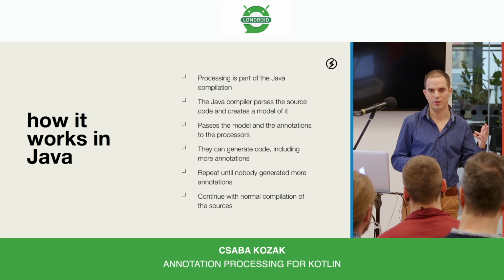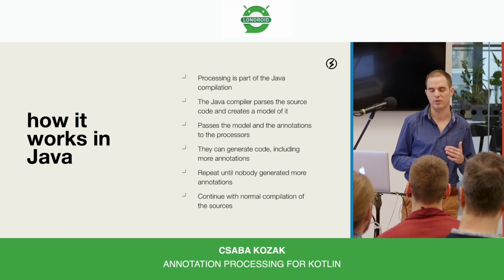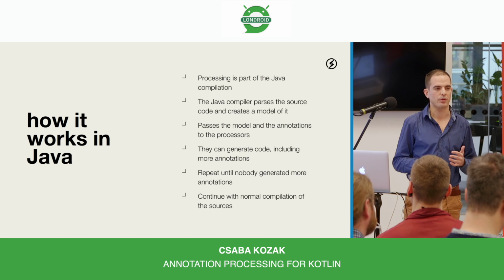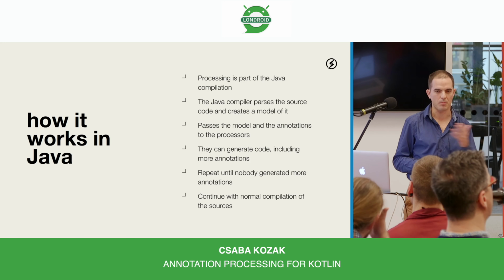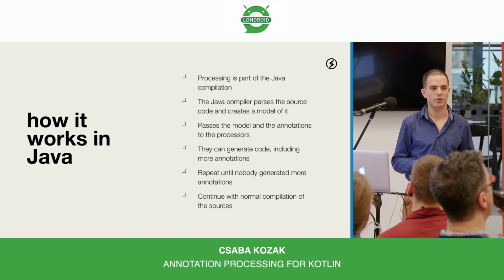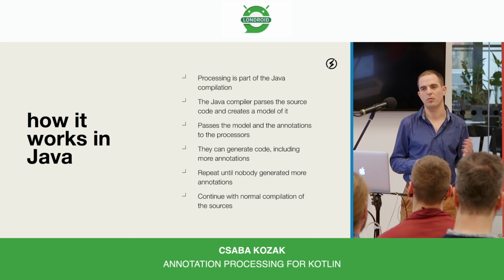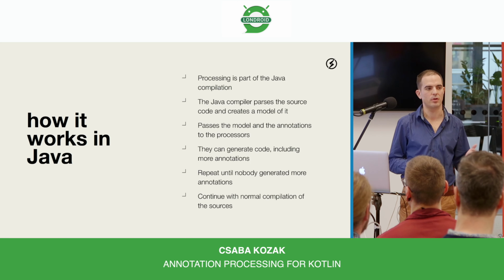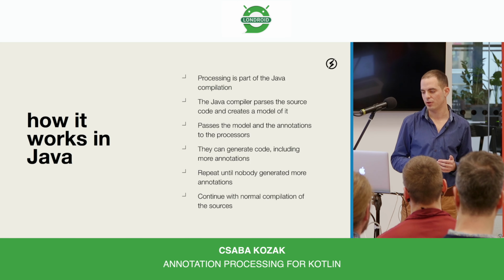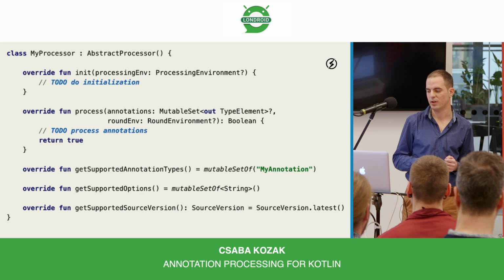So then a new annotation processing round will be called, and this is repeated. This cycle is repeated until there are no more annotations generated, or an error was raised during the compilation. After all source code is generated, the compiler will resume with the normal compilation of the sources. So this is how it works in Java.